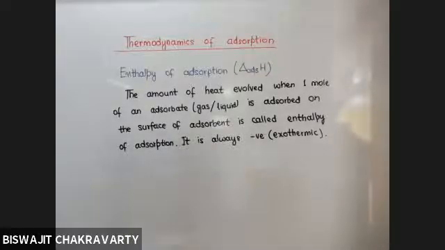Clear or not? Anyone having doubt? Have you understood why enthalpy of adsorption is always negative? Why it can never be positive? On the basis of what can you say that enthalpy of adsorption will always be negative?